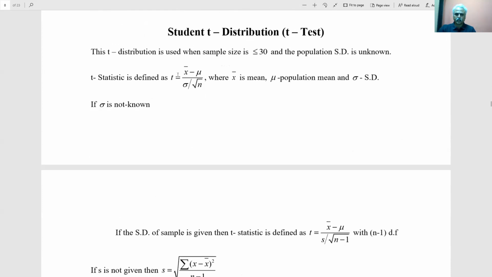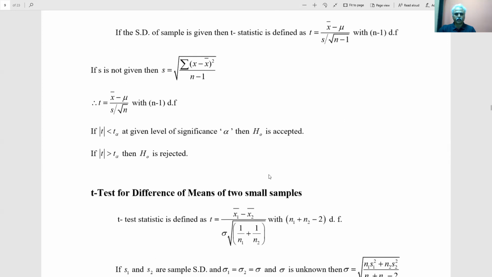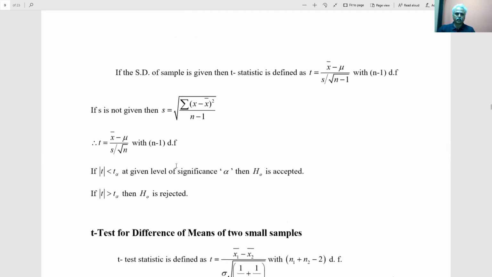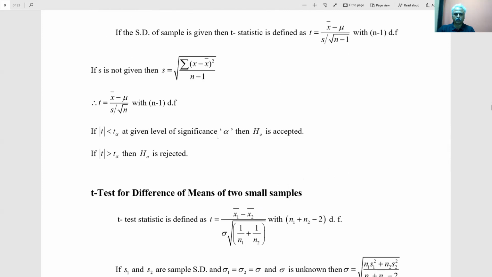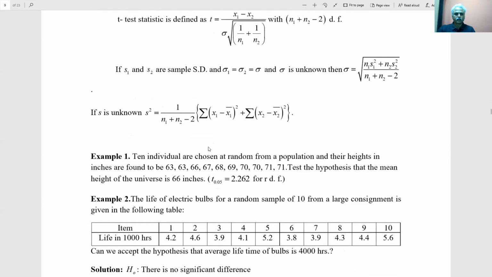So the statistic here is x bar minus mu by sigma by root n. Sample size should be less than 30. Similarly, if there are 2 samples, this is the test statistic, x1 bar minus x2 bar by all these things. Degrees of freedom is one more new parameter here, which we shall see in the examples. So how do you do that?